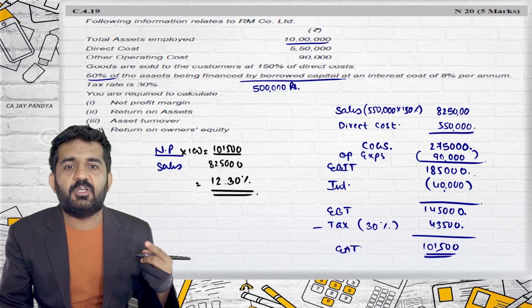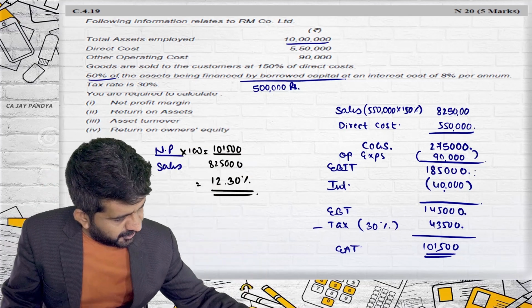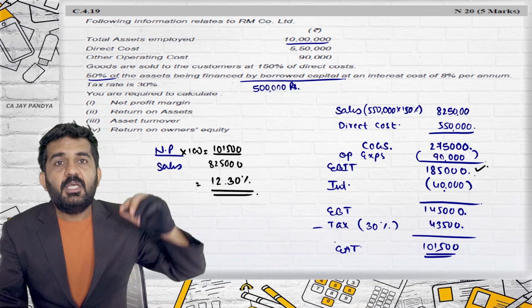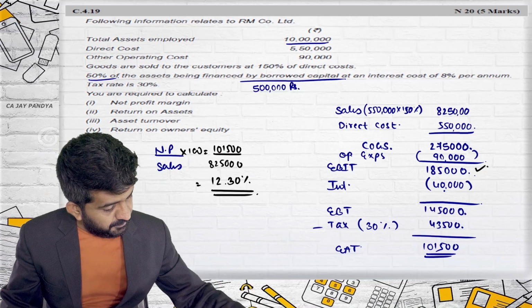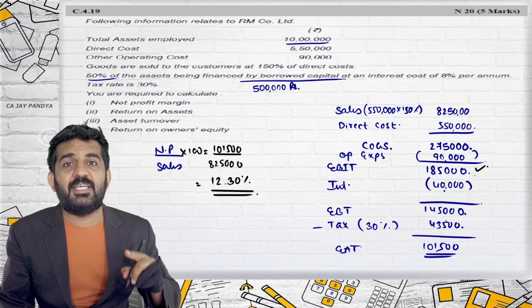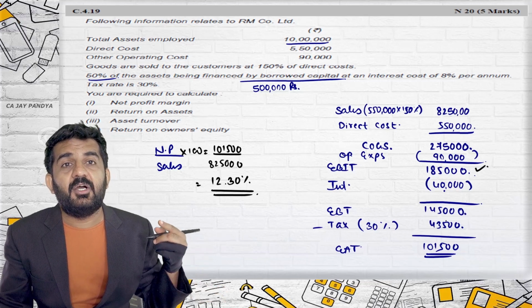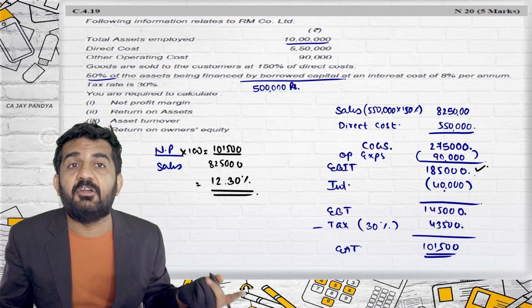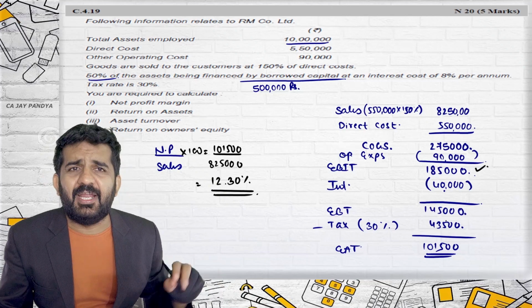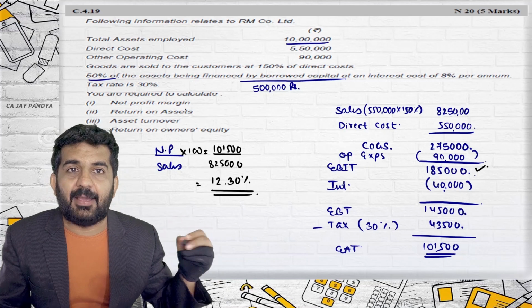How much return your overall asset is generating is 1,85,000. Some people also take EBIT minus tax. Some books also say EBIT into 1 minus T. So they don't even consider tax benefit on interest. You can do anything, but return on asset is same as return on capital employed.